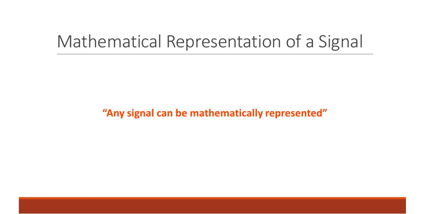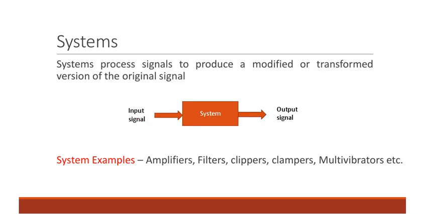That's why any signal that you take can be mathematically represented. This is very, very important to understand systems. So let us now move on to systems. What is the role of a system?